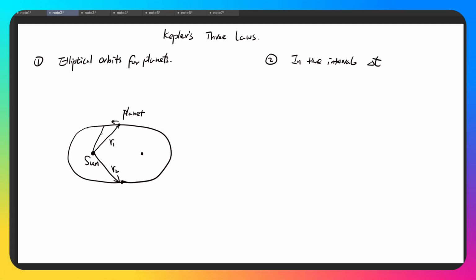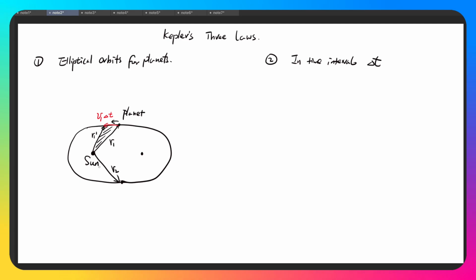So let me draw this R1 prime here to represent that in time delta t, the planet travels this small distance, and let's call the velocity here v1. So the distance traveled in time delta t for the planet at this location is v1 times delta t.